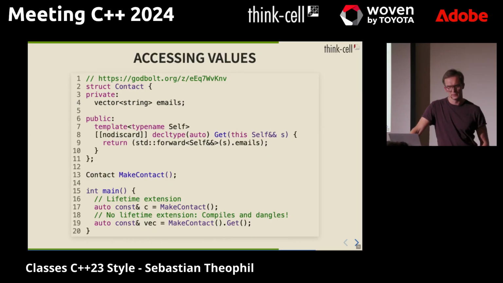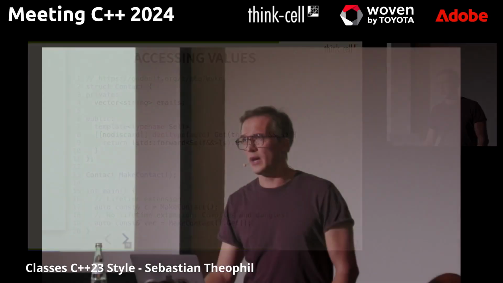I would have, is that on? I think so, if you speak a bit louder, yeah. Okay. For the R value getter, would it be an option to just return a value instead of an R value reference? Sure. Because then you would also handle the lifetime issue, right? Yeah.